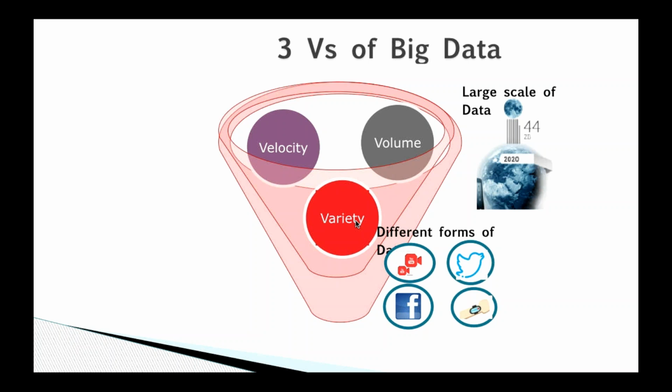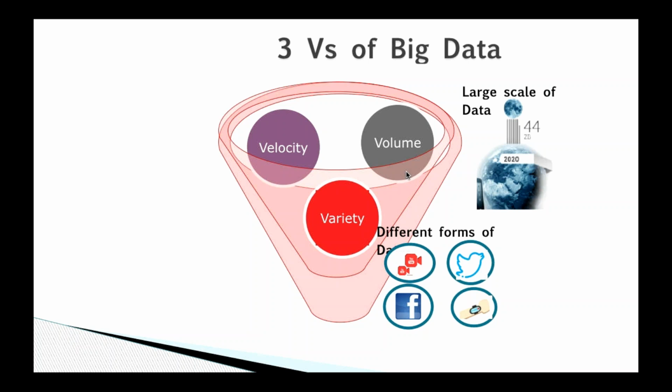Now companies have log files, web logs, and social media from which they want to collect data: tweets, Facebook, people following them on Facebook and Twitter. They want to collect and analyze all that data for better growth in their businesses. That is one of the challenges that comes with big data.